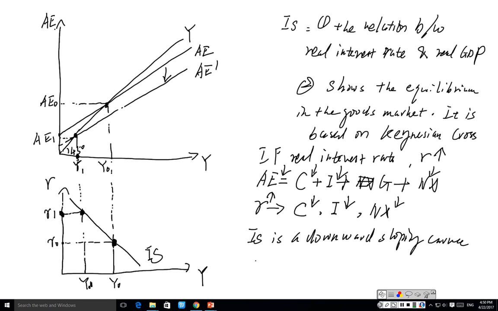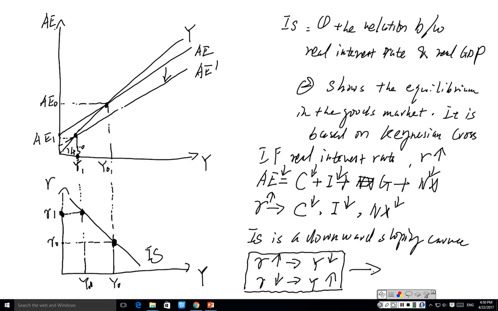It means if the real interest rate increases, it will cause a reduction in consumption, investment, and net export, so it will lead to a lower level of output. Similarly, if the real interest rate reduces, the output will increase. So this negative relationship between the real interest rate and the GDP is described by the IS curve.